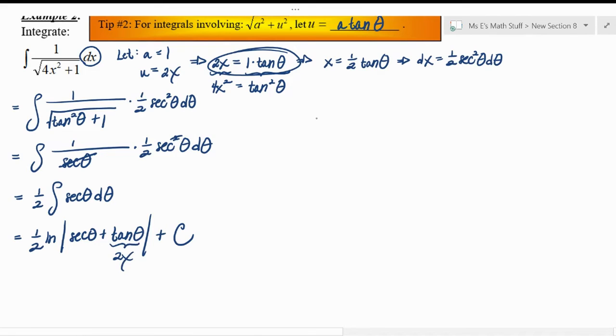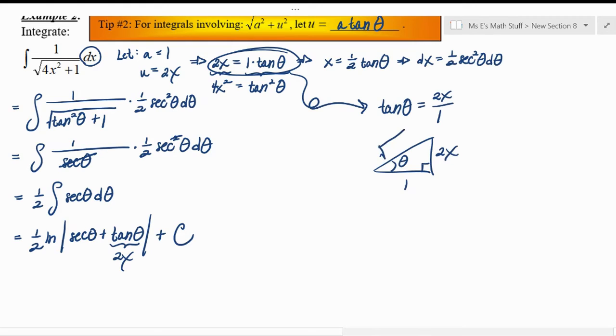And then let's see, I'm going to do this. Since tangent of theta is equal to 2x, which is the same as 2x over 1, I could draw a little right triangle. 2x would be opposite and 1 would be adjacent, and a little Pythagorean theorem work gives me the length of the hypotenuse. And then what would secant of theta be? Well, secant is 1 over cosine.